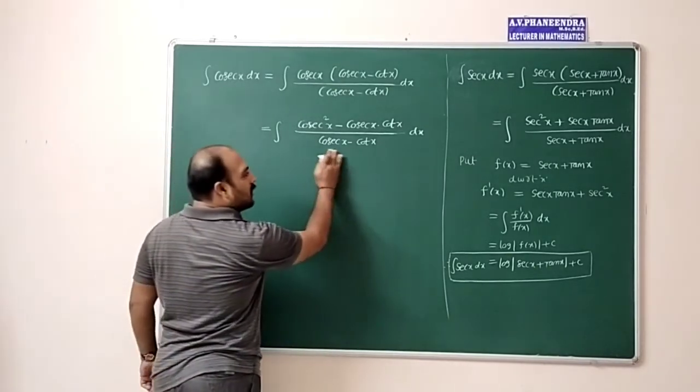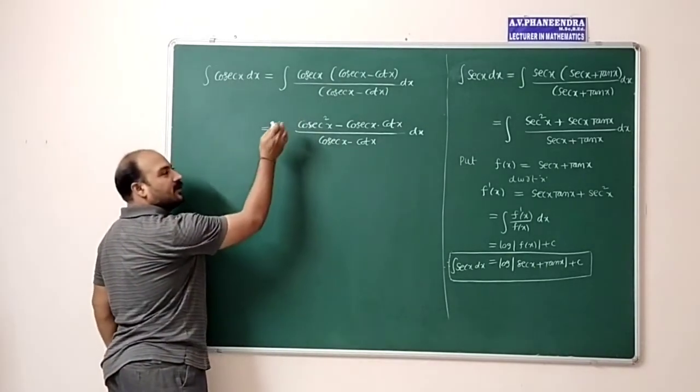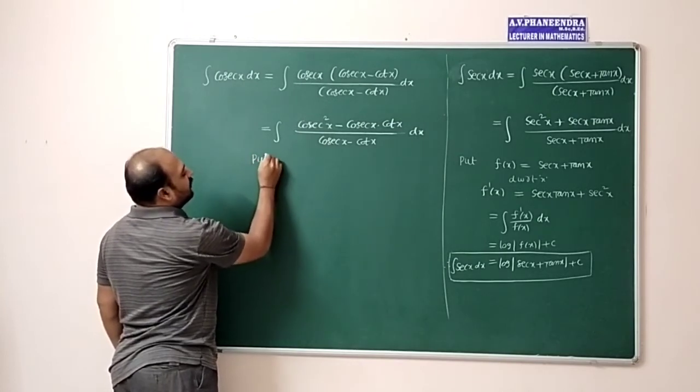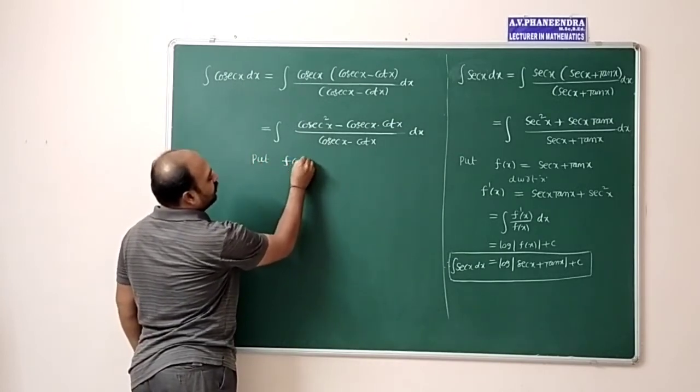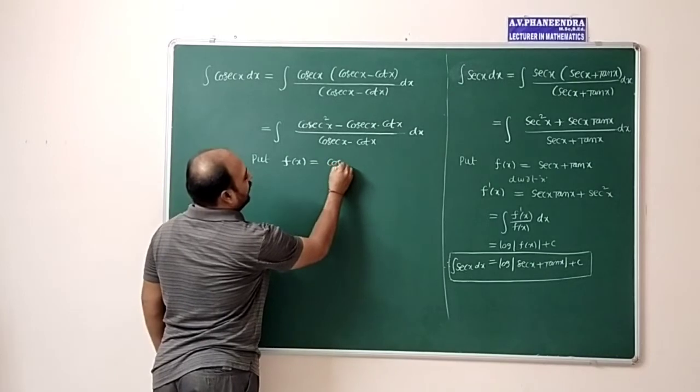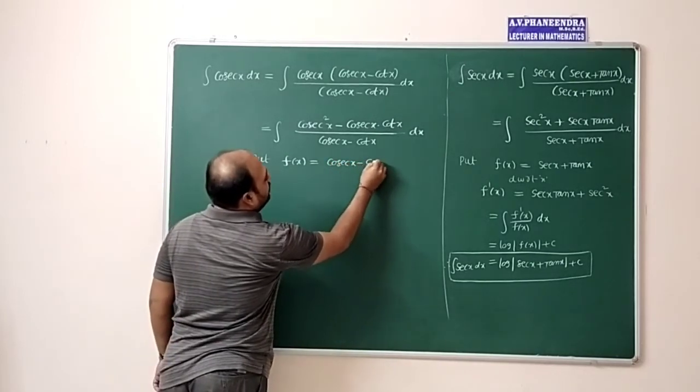After that, the denominator will become f of x, and the derivative will be in the numerator. Put f of x equal to cosecant x minus cot x.